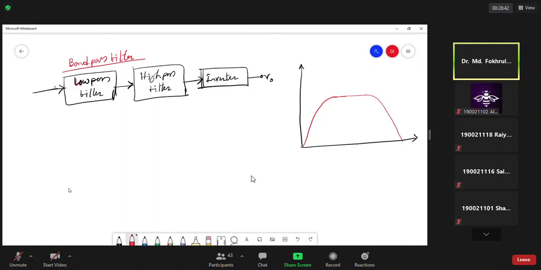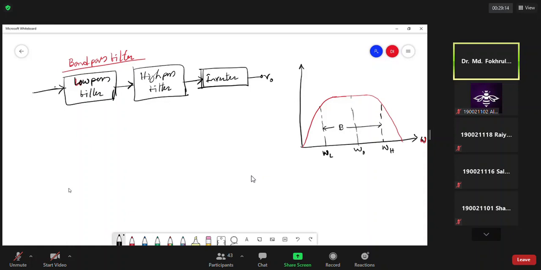Usually, if it is omega, the corresponding 3 dB frequency or cutoff frequency on the lower side is called omega L, and the upper side is omega H, and this portion is called bandwidth, usually B. And there is also a center frequency, denoted by omega naught.